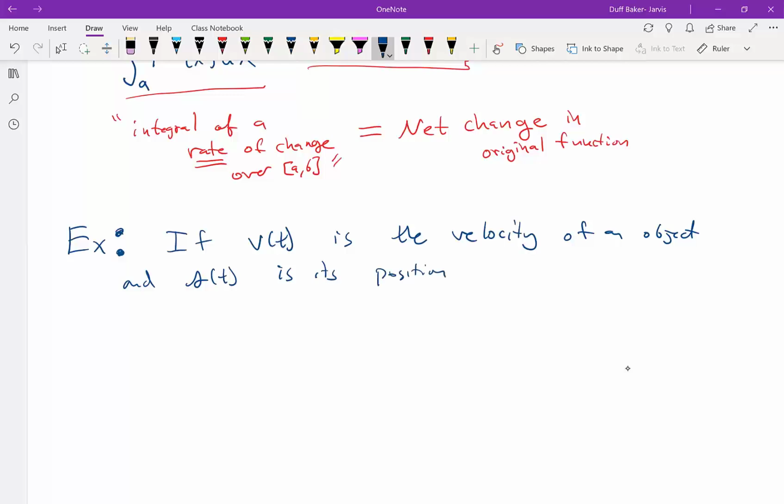So let's give these some units. Velocity is, let's say, in miles per hour, distance over time. And let's say the position then would just be in miles.